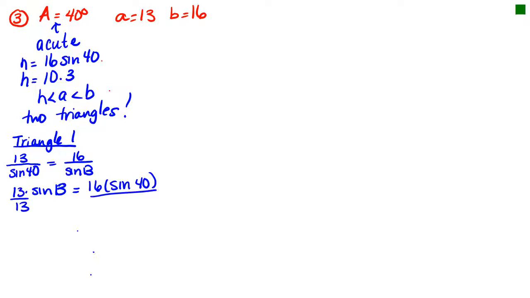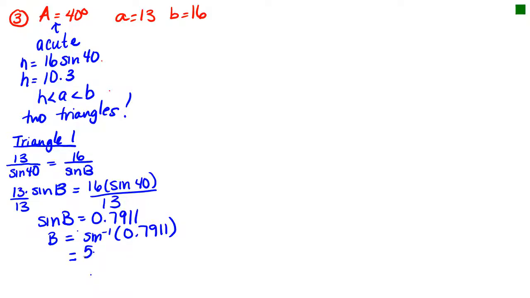Divide by 13. Sine of B equals 0.7911. So then all I have to do is inverse sine of that decimal, and I get 52 degrees. So B is 52 degrees.